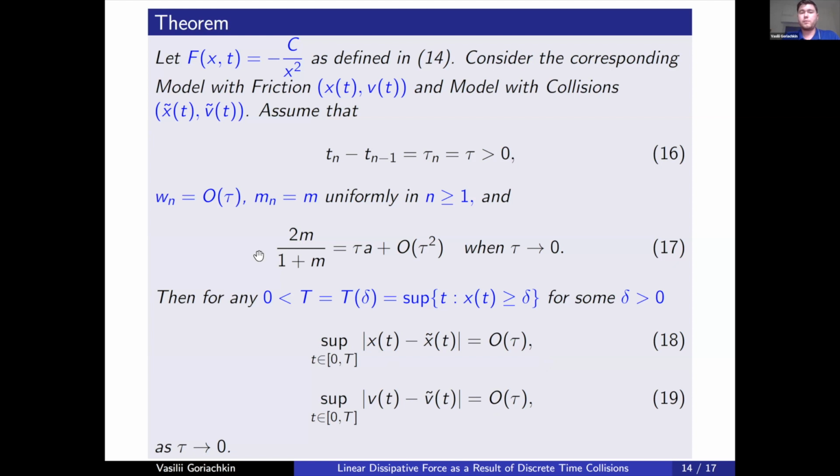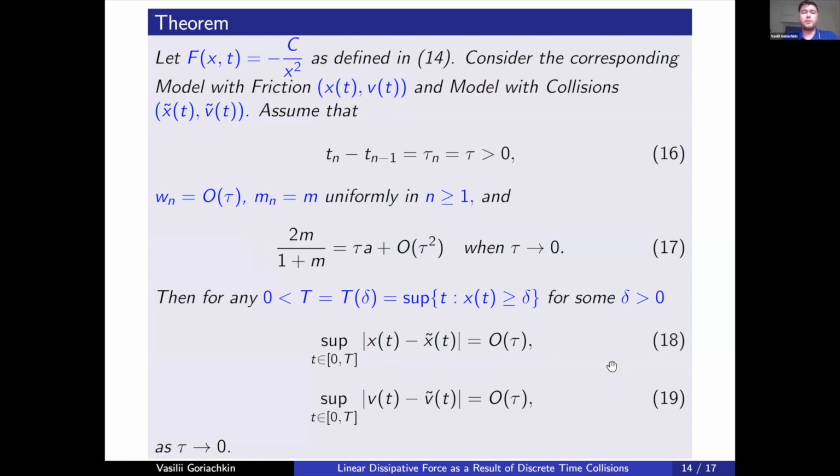Here it is more interesting because, as I said, we don't have asymptotic equivalence. We have equivalence during the finite time between 0 and capital T. And even in this case, we have the same equality for tau, M, and A.